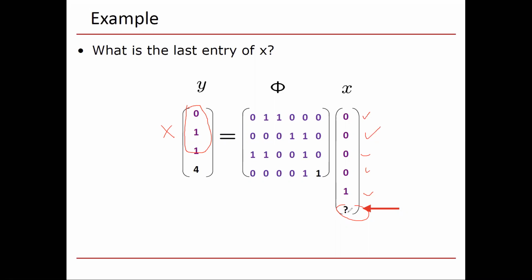Actually not. So recall that x5 plus x6 is equal to 4, and x5 is equal to 1, and if 1 plus x6 is equal to 4, that means that x6 is equal to 3.